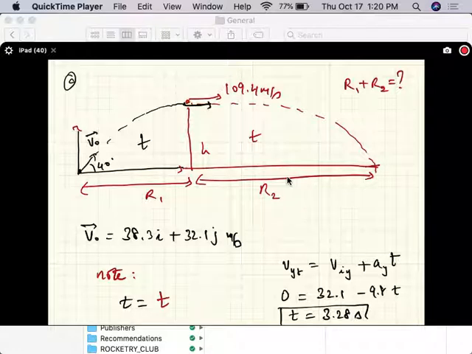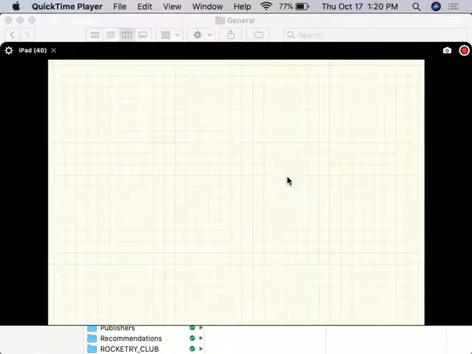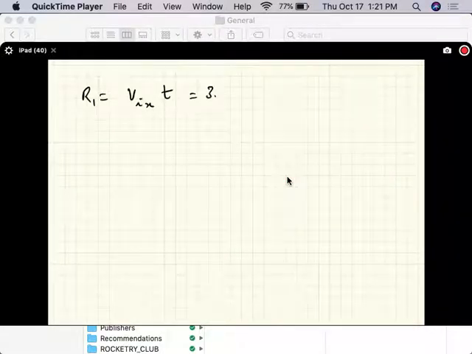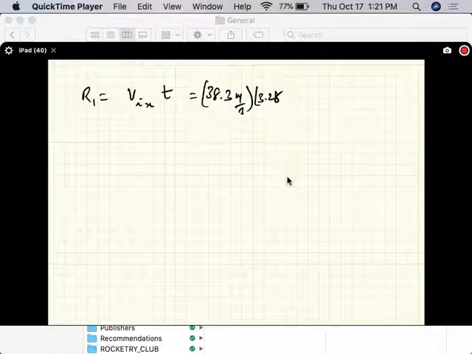So R1 is V initial x times t, which is 38.3 meters per second times 3.28 seconds.